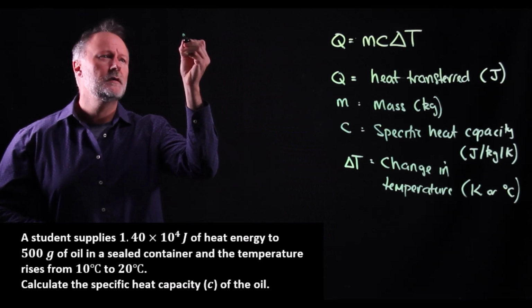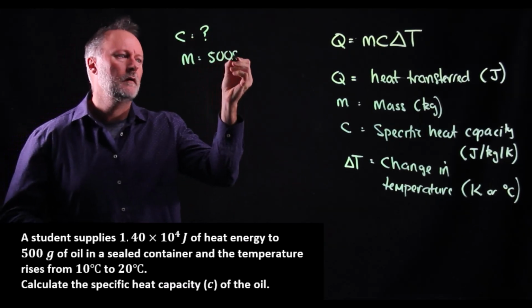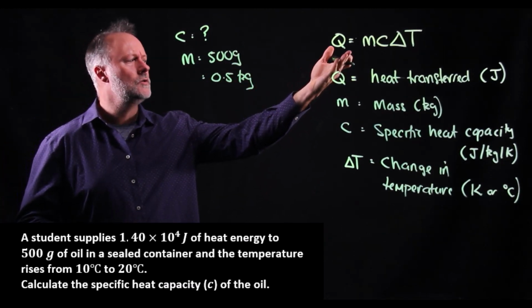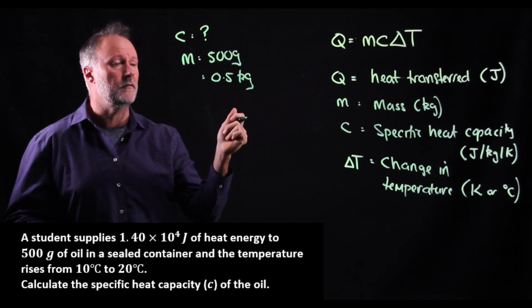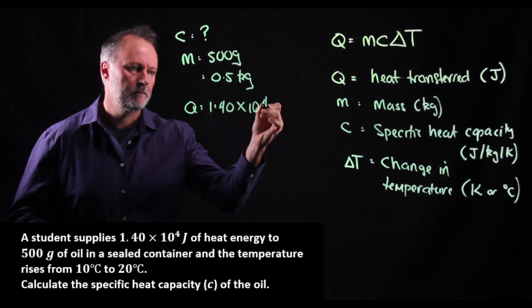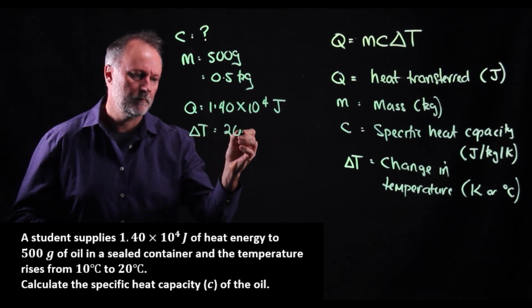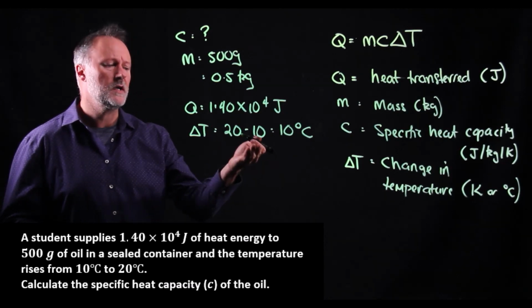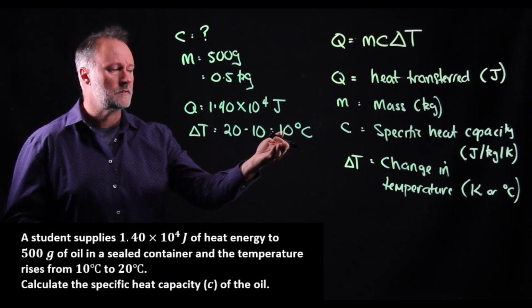So in this case, specific heat capacity is the question mark. The mass is 500 grams, but of course this equation uses masses in kilograms, so we must write that 500 grams as 0.5 of a kilogram. The amount of energy was 1.4 by 10 to the 5 joules. And the change in temperature was the oil rising from 10 to 20 degrees Celsius, so the delta T is 10 degrees Celsius.